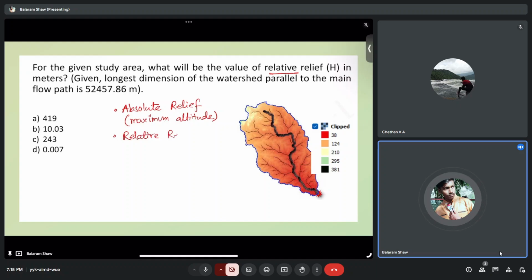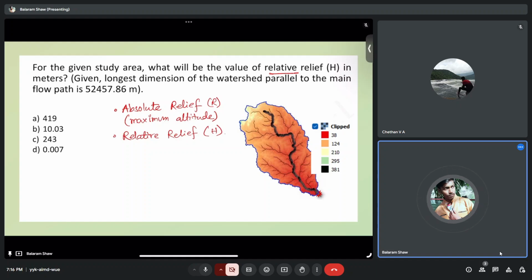How do we define relative relief? This is denoted as h. It is the elevation difference between the highest and the lowest point in the basin.